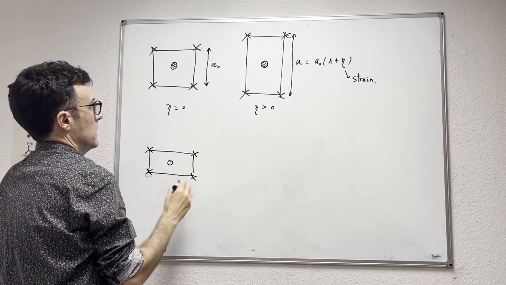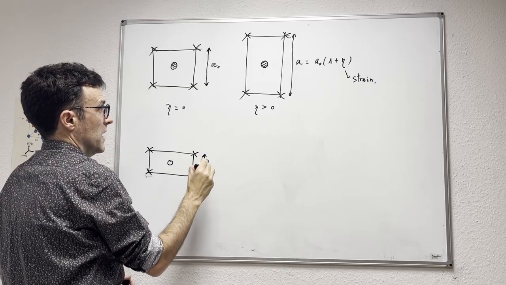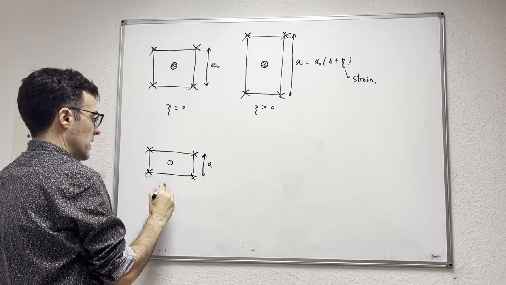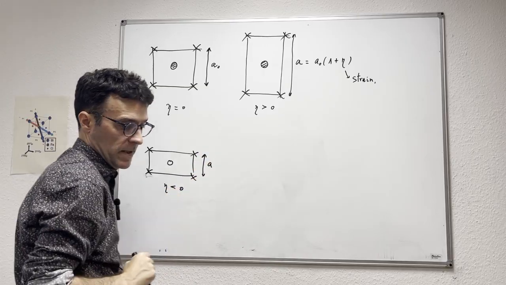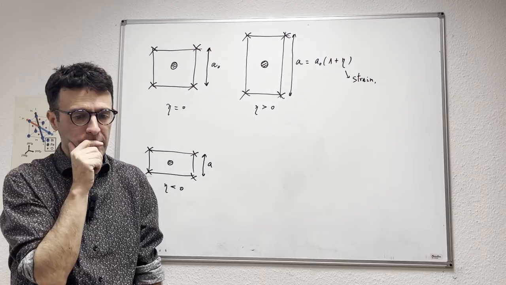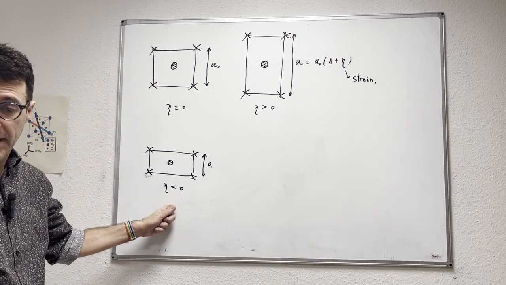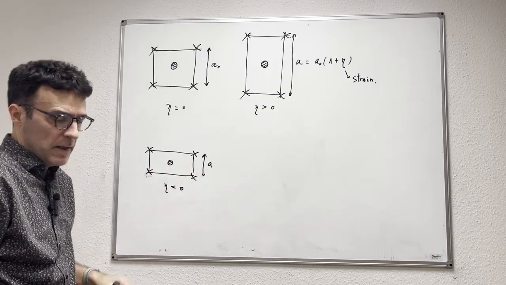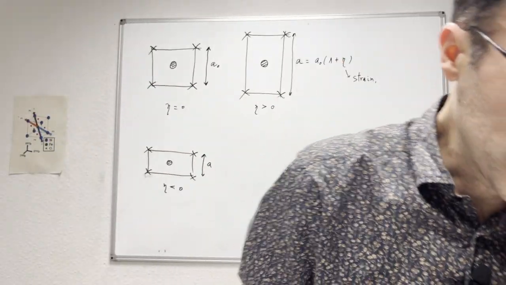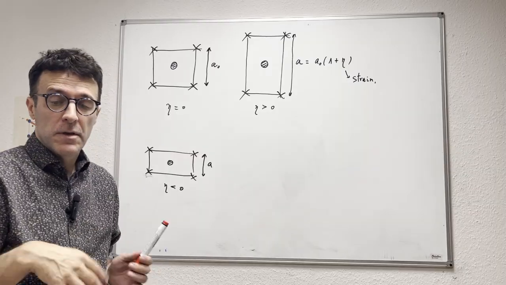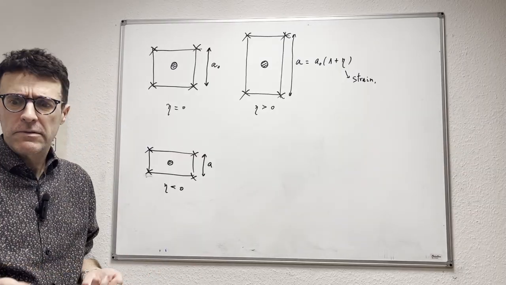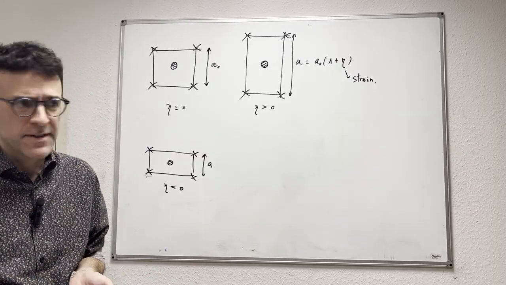So here we have yet another value of A, and this obviously corresponds to a negative strain. All right, negative strain. So I'm drawing this exaggerated case just to make a point, which already tells us that indeed a strain must interact with ferroelectricity somehow.